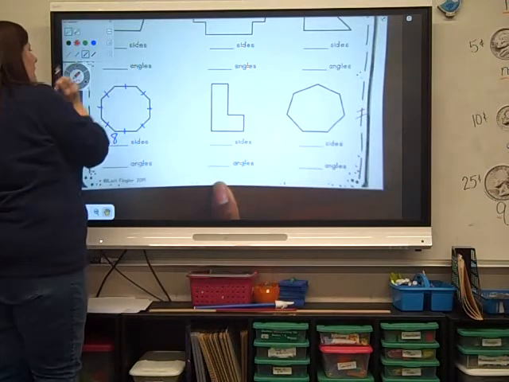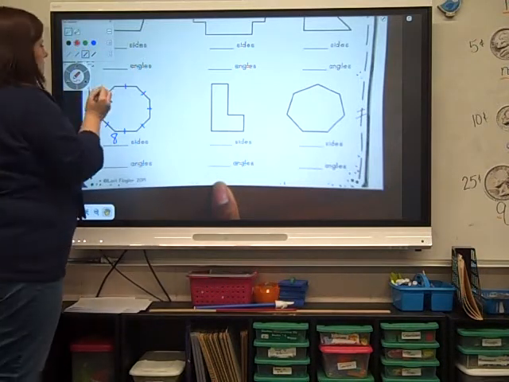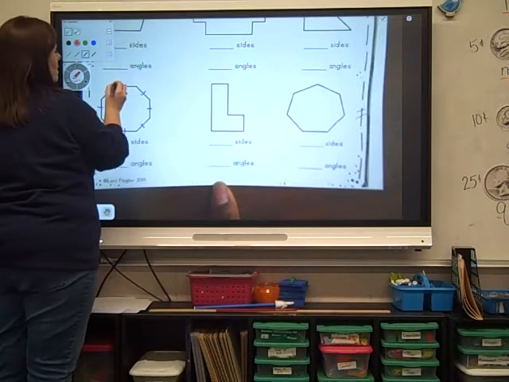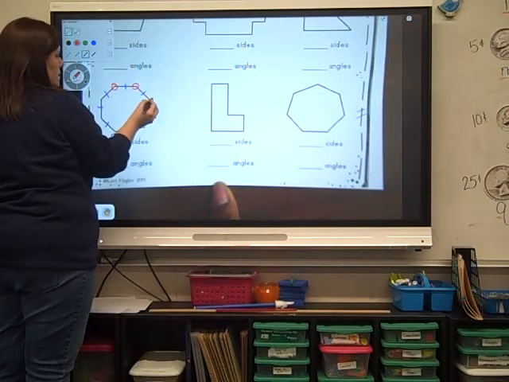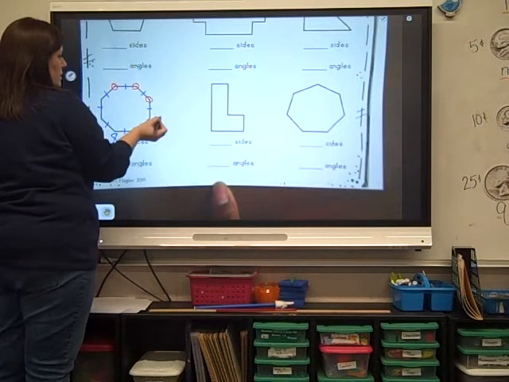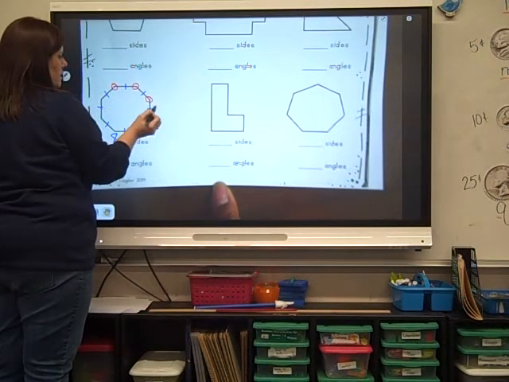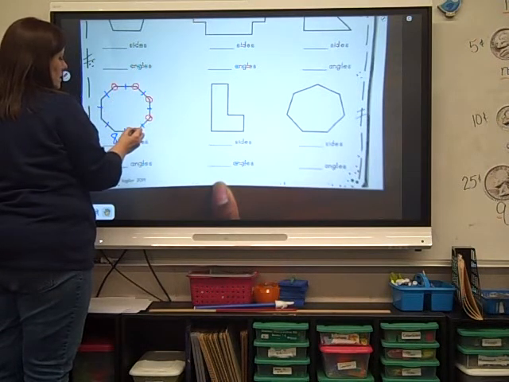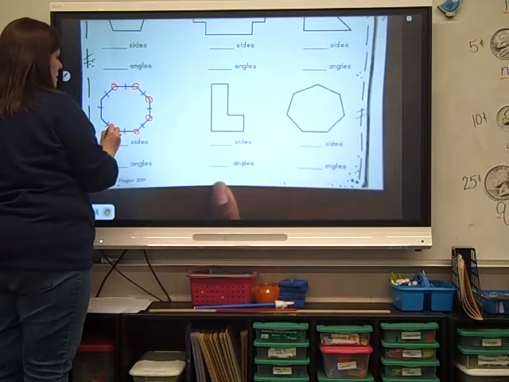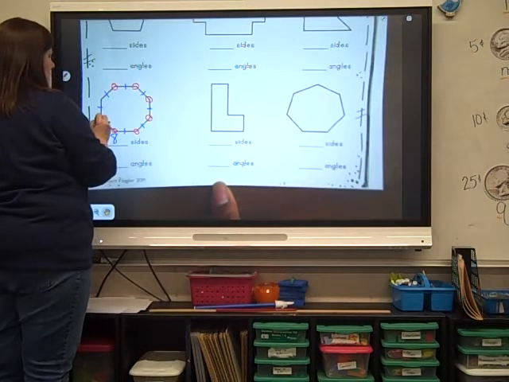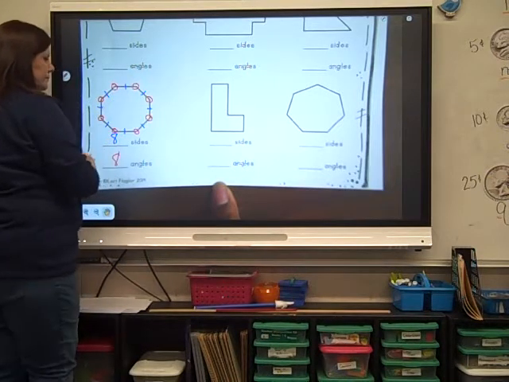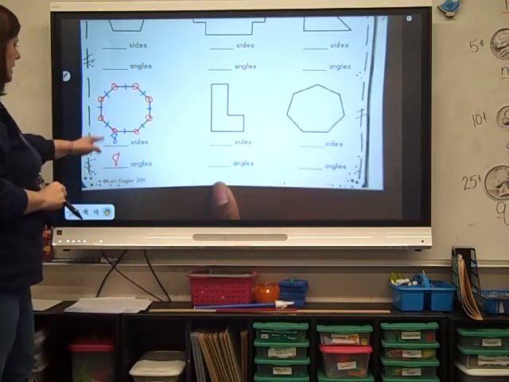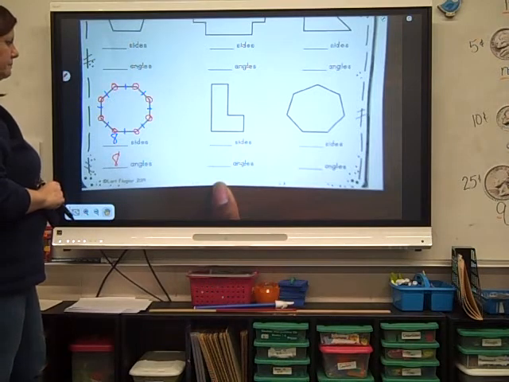Now we got to circle the angles. Make sure you count them all. You have to circle them. That was in the directions. Circle angle where the 2 sides meet. 2, 3, 4, 5, 6, 7, 8. Up. Happened again. It matches.